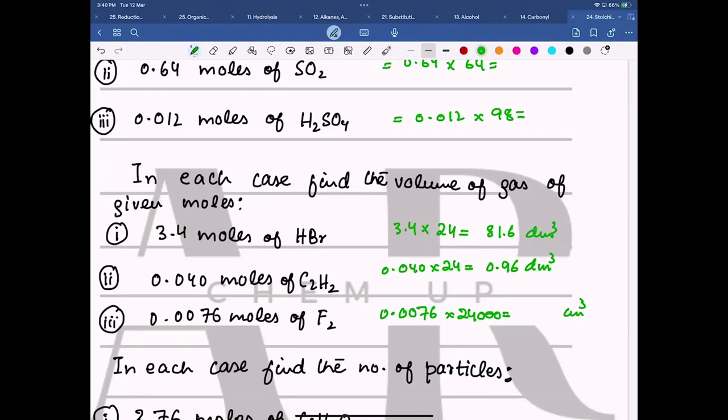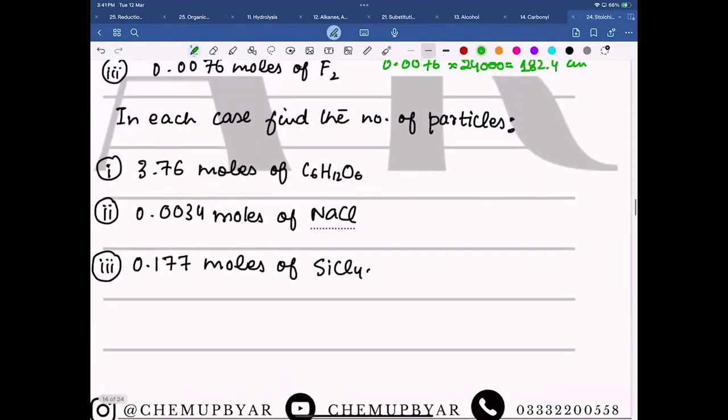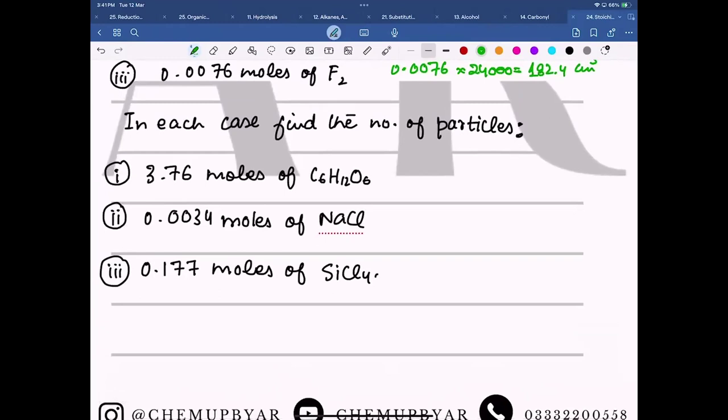What is the answer over here? If you are using 24,000 centimeter cube. 182.4. Sir, 182.4. Okay. Now calculate the number of particles from these three.